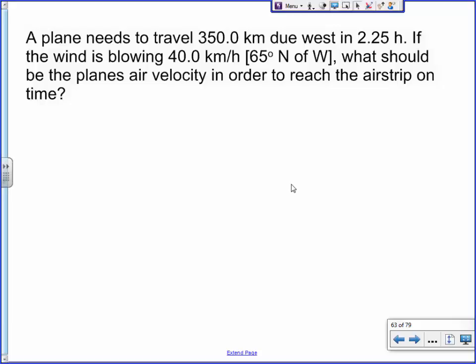And then we need the cosine of C. But I have that, right? Because it said we were going 65 degrees north of west.